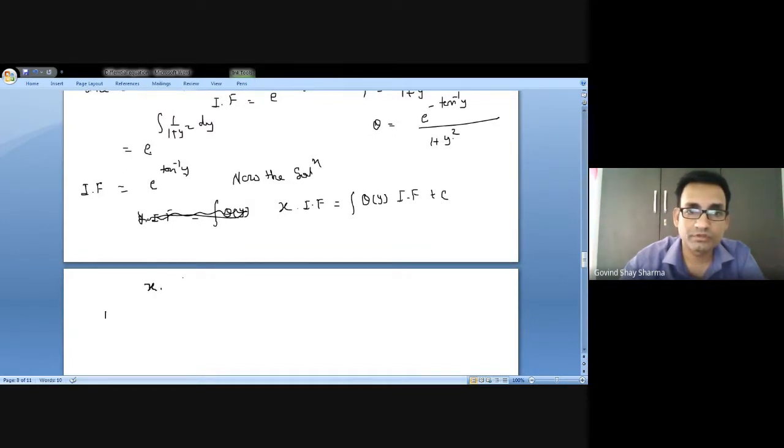What is the value of IF? e to power tan inverse y is equal to integration of Q(y), which is e to power minus tan inverse y upon 1 plus y square, dot IF, e to power tan inverse y.